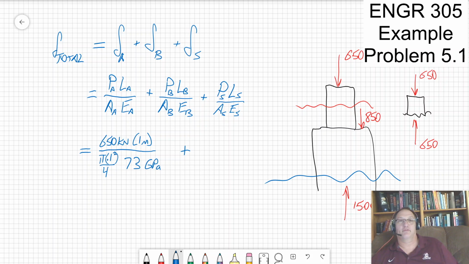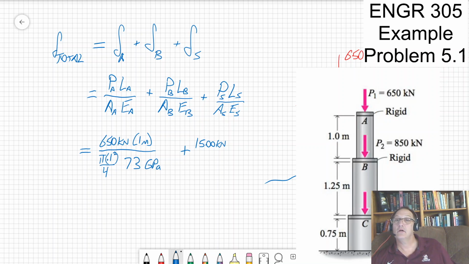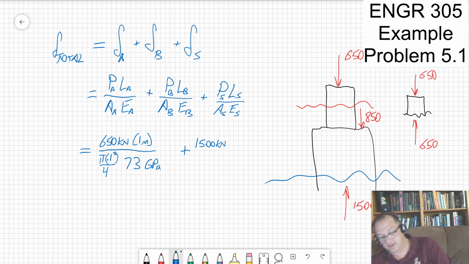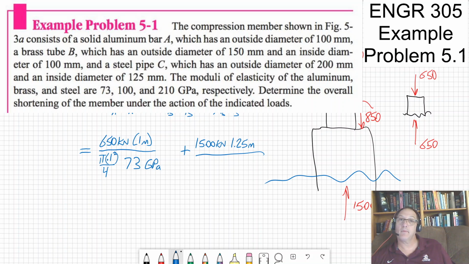and now we have to do it for brass. The load in the brass was 1,500 kilonewtons times the length, which is 1.25 meters, that's L, divided by A. The problem statement says a 150 OD and a 100 ID.